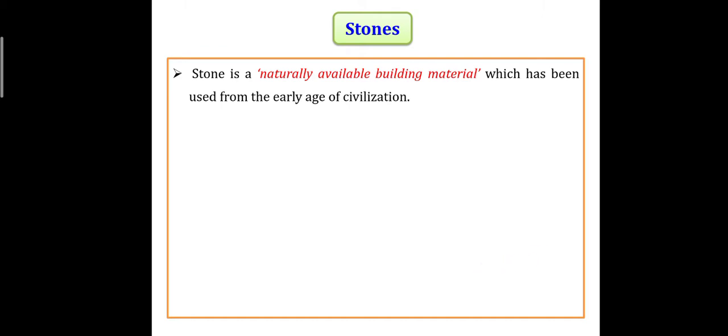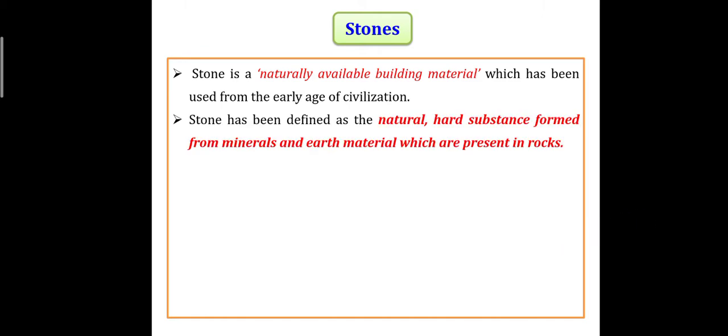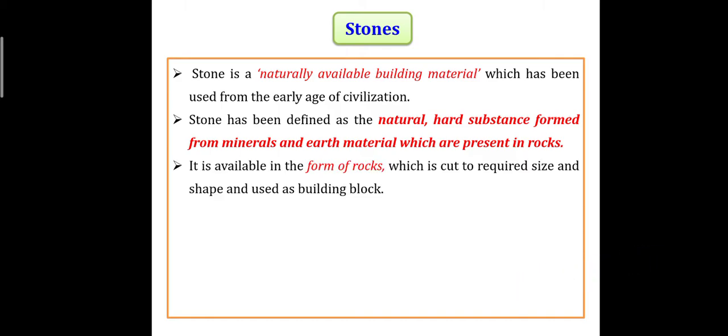Stones are extracted from rocks. Rocks can be crushed and powdered into earthly materials, and the earthly materials, when you see them microscopically, consist of minerals. So stones are natural hard substances formed from minerals and earth material which are present in rocks.